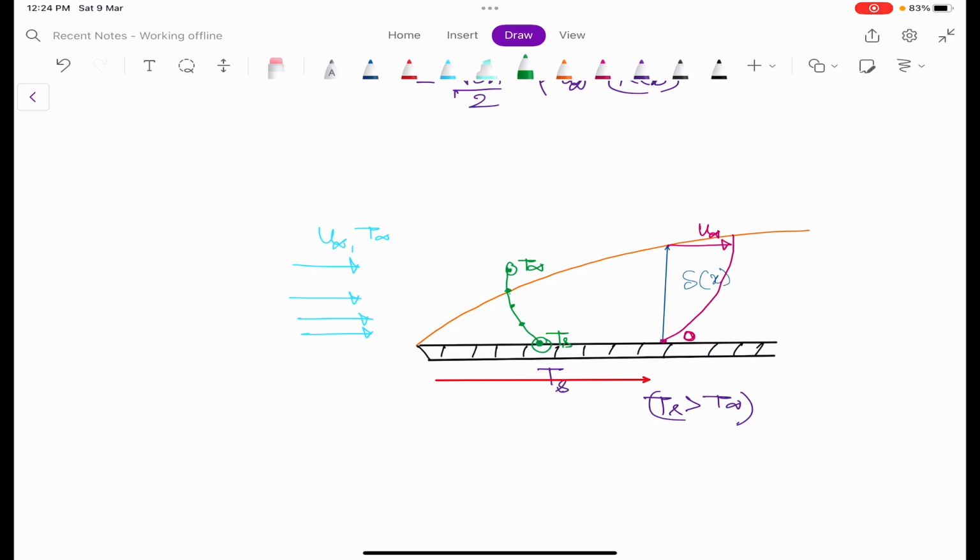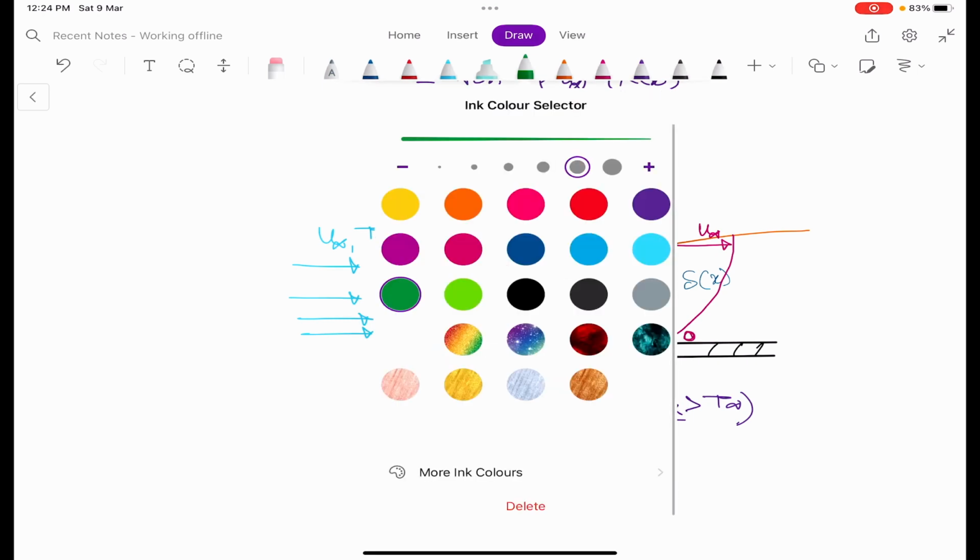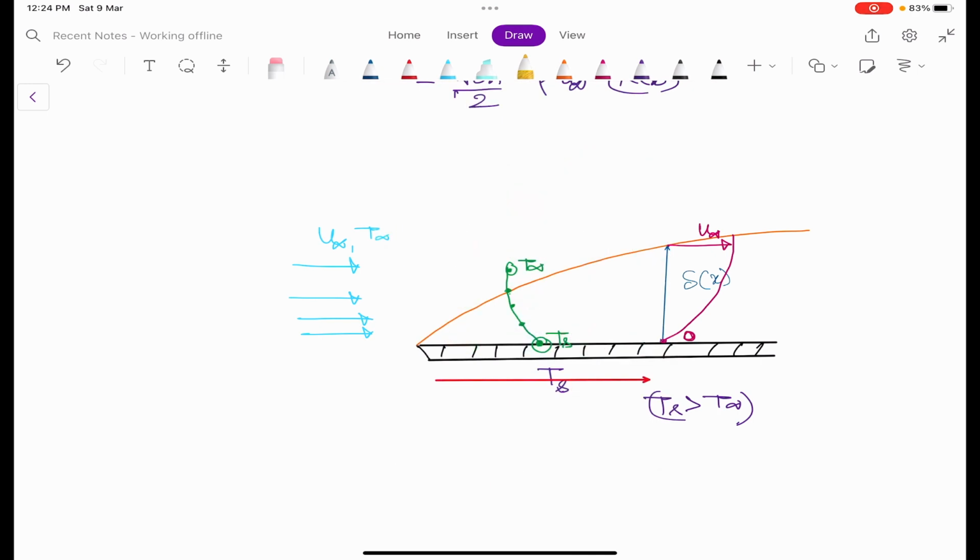Okay, and similarly at any other section, if I draw the profile taking any other color, maybe with this. Now this is Ts, and from the same logic it will have a profile like this, and here it will be T infinity.